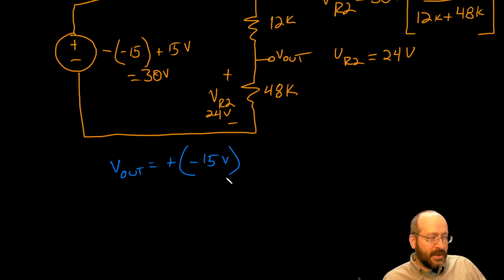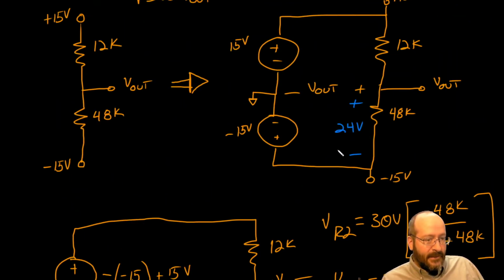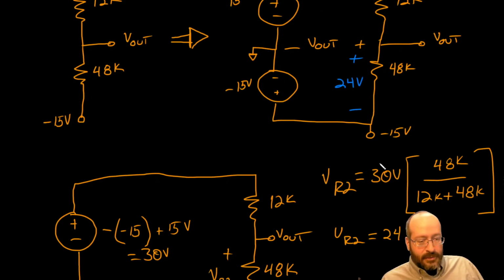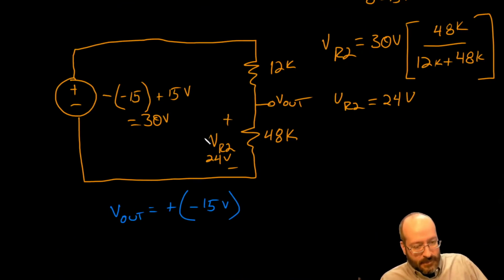The direction I'm moving across the voltage supply gives me the plus, and then the labeled voltage gives me the minus inside. Then as I move from here to here, I'm going up 24 volts again.